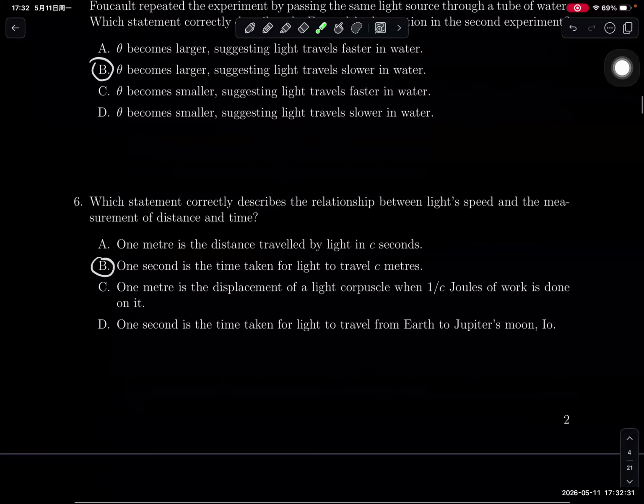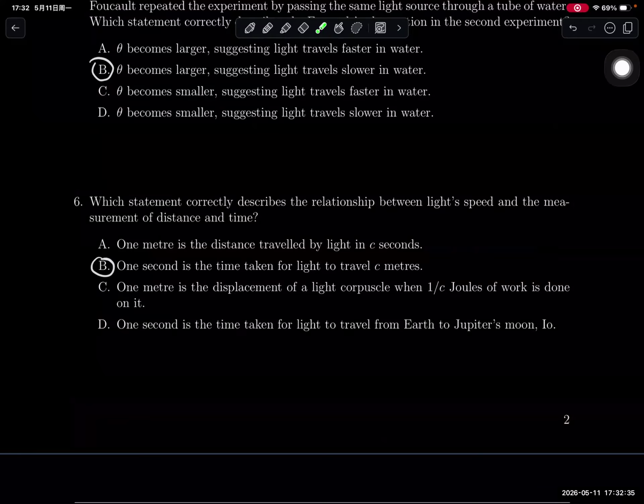Question 6, which statement correctly describes the relationship between light speed and the measurement of distance and time? Yeah, so this was our definition of 1 meter. Because light speed is such a constant, we have to modify our definition of 1 meter to make sense of light.